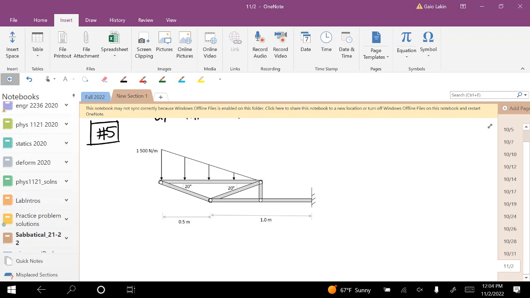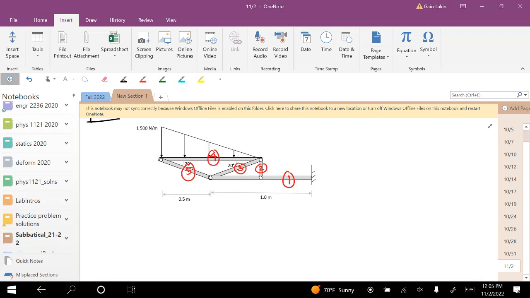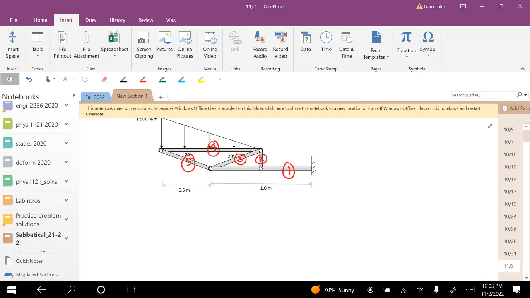When you did it, did you assume that the joint was part of the lowest numbered member, like I do? Okay, and how did you number it? Did you do 1, 2, 3, 4, 5? Okay, and then which member was it that things were weird on?